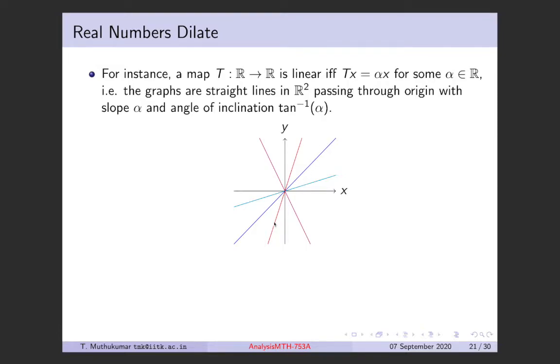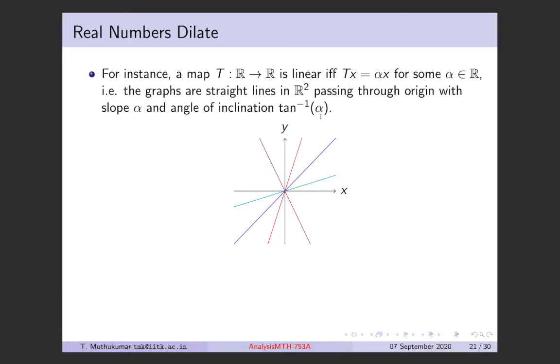Linear maps are lines passing through the origin. So alpha gives you the slope of that map, and the angle of inclination is tan inverse of alpha. So you have this connection between real numbers and linear maps, which means that one can think of real numbers as linear maps, and one can think of linear maps as real numbers.